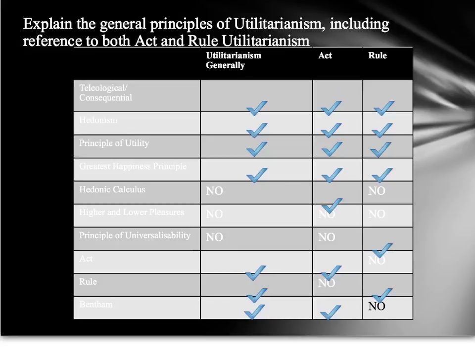So the teleological, the hedonism, the principle of utility, greatest happiness principle, and then specifically it's asking you to talk about act and rule. So then what you would need to do is for act, talk about the hedonic calculus, talk about act, rule utilitarianism generally, and you need to reference Bentham, and for rule you would reference Mill and talk about the principle of universalizability.